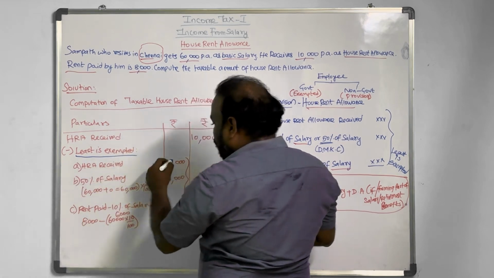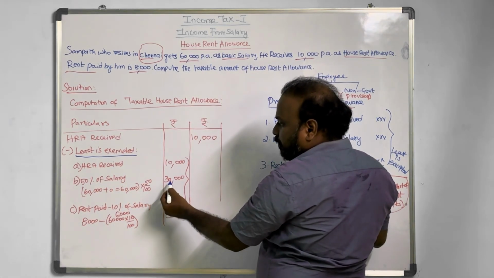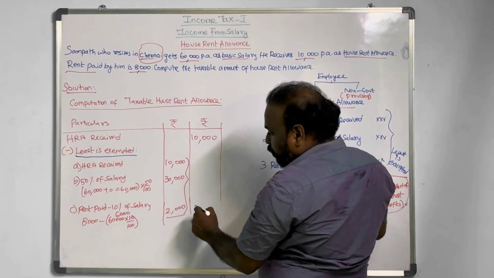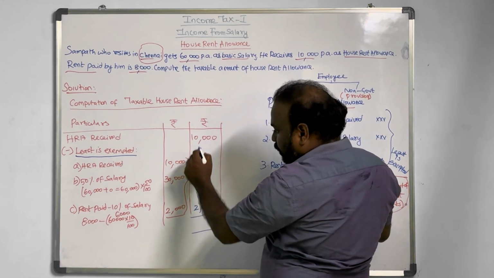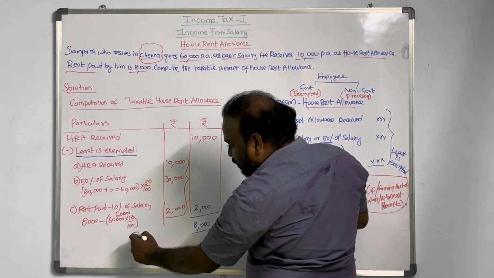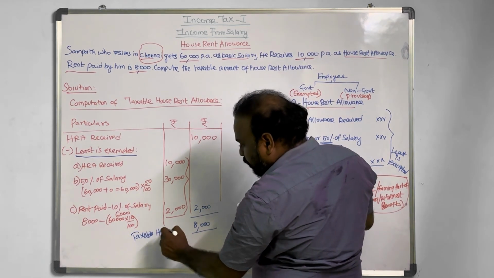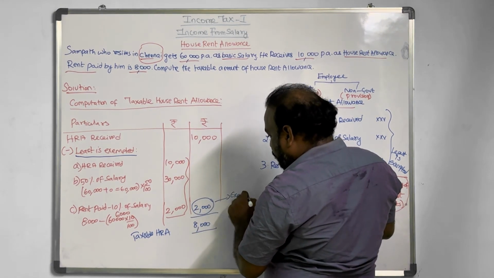Least means the smallest amount. The first provision is 10,000, the second provision we got 30,000, the third provision we got 2,000. The least amount is 2,000. So 2,000 is exempted. The remaining 10,000 minus 2,000, that is 8,000, is taxable house rent allowance. 2,000 is the exempted HRA.